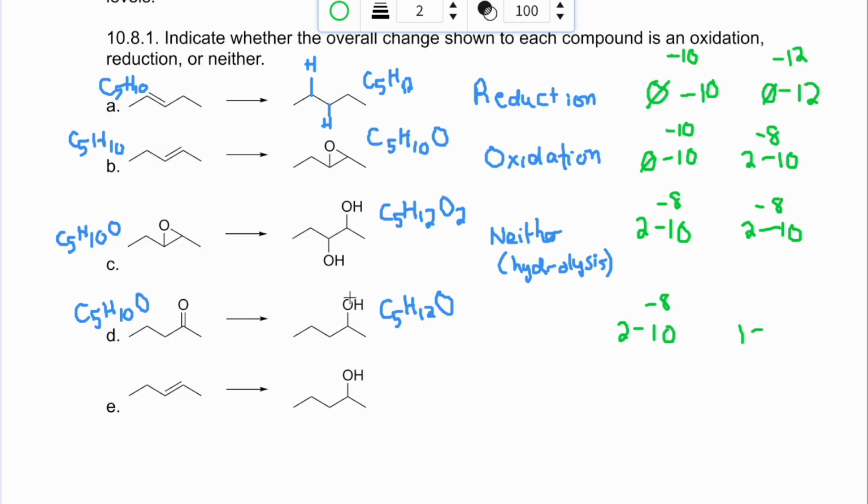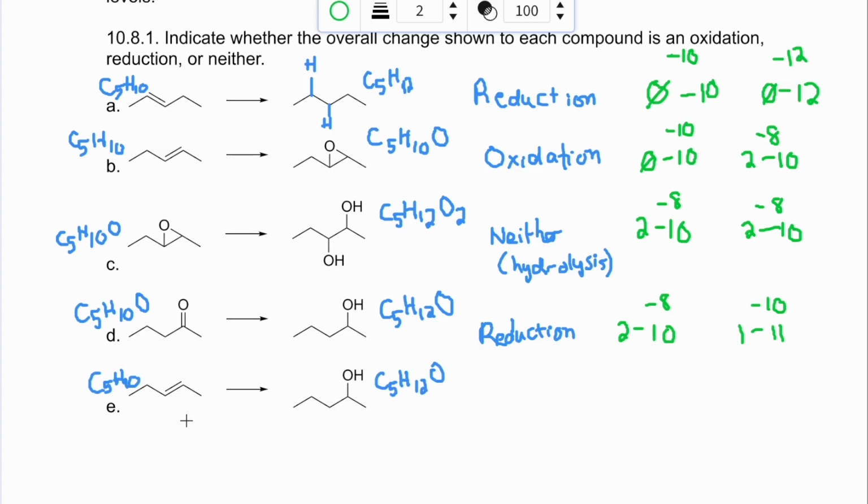We're not going to count the oxygen-hydrogen bond, but we have 11 now of the carbon-hydrogen bonds. So we've gone down in oxidation number. That would be a reduction. So that is one of the main types of things that you can do to these ketones, is to perform a reduction and convert it into an alcohol. An alcohol is definitely a more reduced form of carbon than a ketone is.